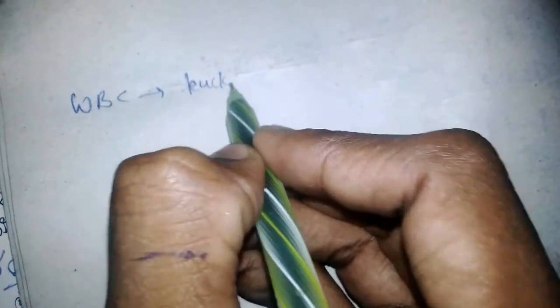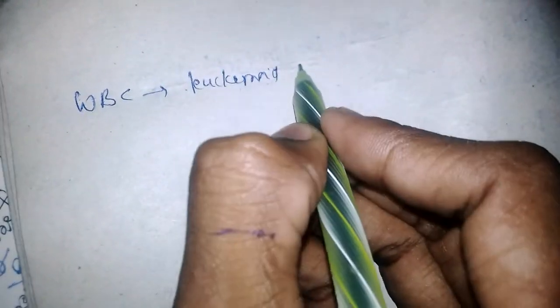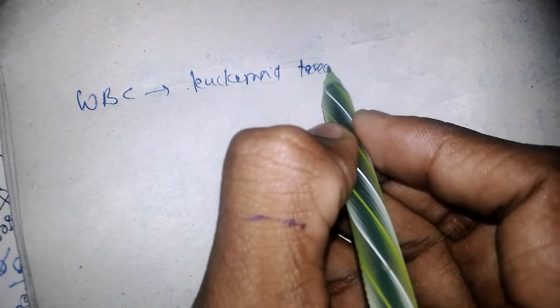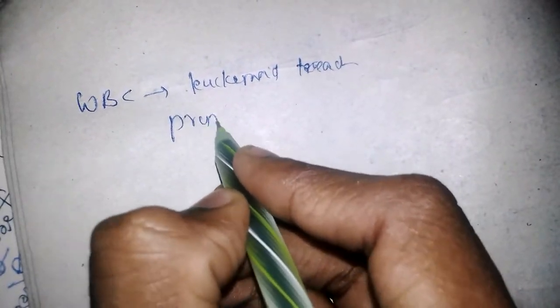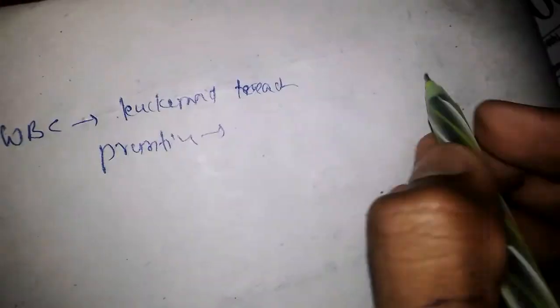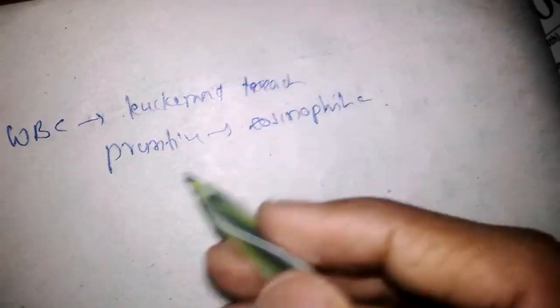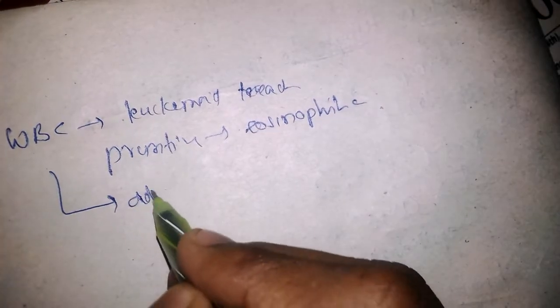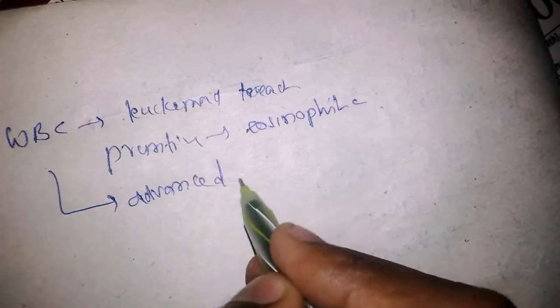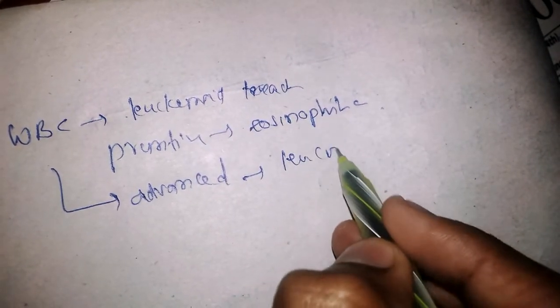WBC, there is usually leukemoid reaction. If there is any pruritus, then we can find eosinophilia. In the advanced stages, there will be leukopenia.